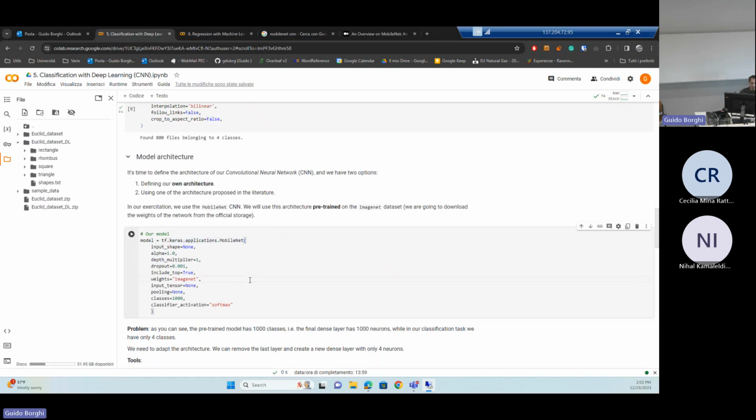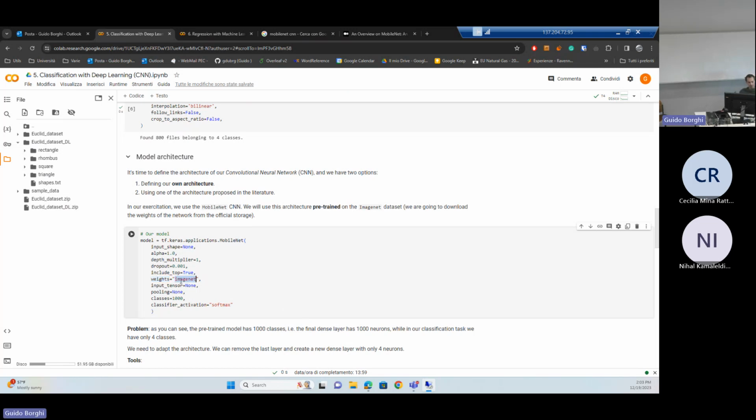So this is our network. What do we have to specify? We have to specify, for example, the weights. This is very important. In this case, we are going to fine-tune our network. So we download the weights of the MobileNet trained on the ImageNet dataset.